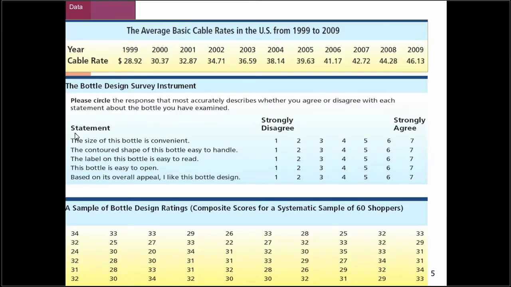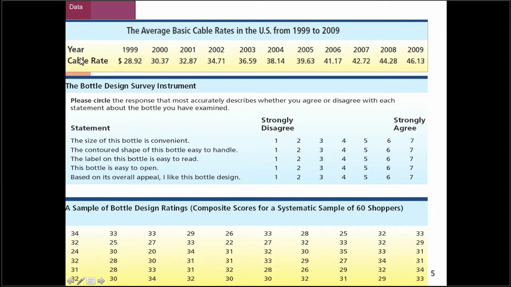Here we go, a couple of data set examples provided inside your textbook in chapter 1. The first data set is about the average basic cable rates in the US over 10 years, from 1999 to 2009.